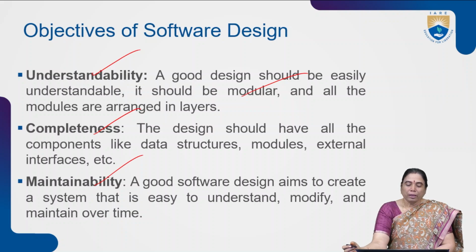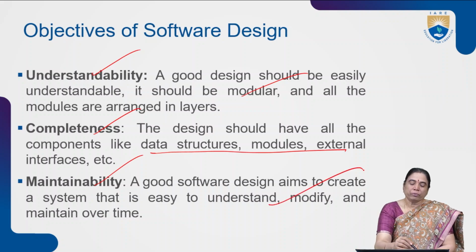Completeness: the design should have all the components like data structures, modules, external interfaces, etc. Maintainability: a good software design aims to create a system that is easy to understand, modify and maintain over time.